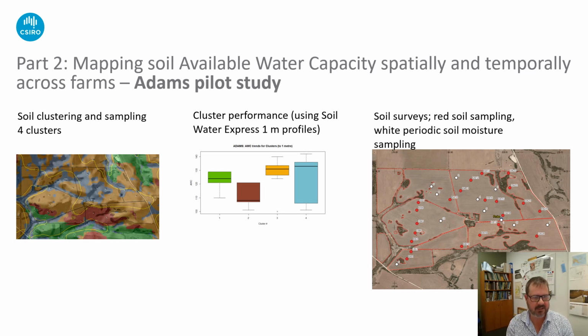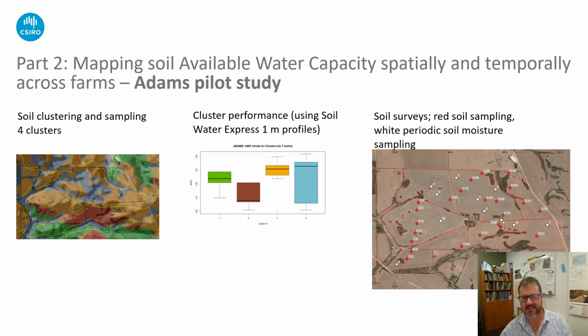The distribution of the estimated Soil Water Express data at 1 meter profiles in each of those clusters at the sampling sites shows that, apart from site cluster 4, which is the lower lying areas in the landscape, we've got a reasonable spread of sites in terms of AWC.